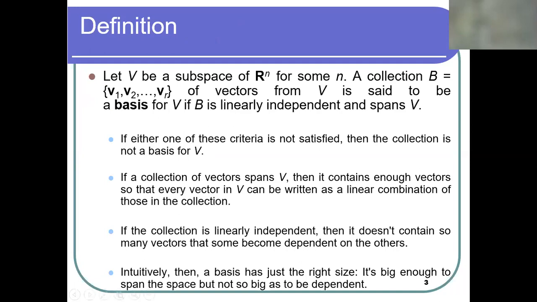A collection B of vectors belonging to V is said to be a basis for V if B is linearly independent and spans the vector space V. So there are two criteria to make any set a basis.